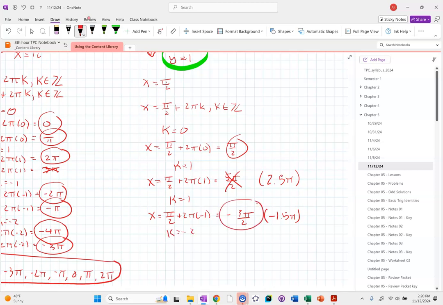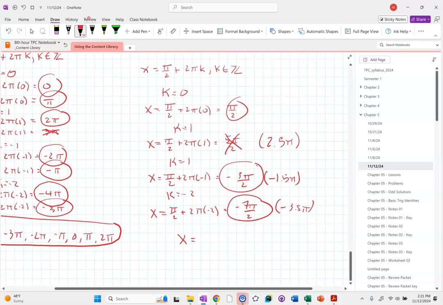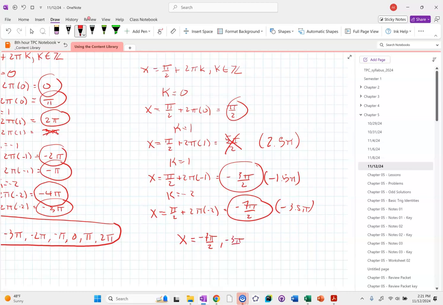We'll make it smaller again. That's -7 pi over 2. That's -3.5 pi. That one will work. But when I subtract another 2 pi from this, it's definitely going to be too small, right? So those will be my other 3 answers.